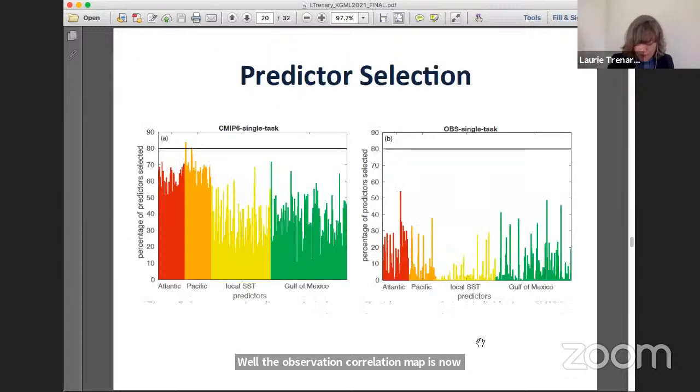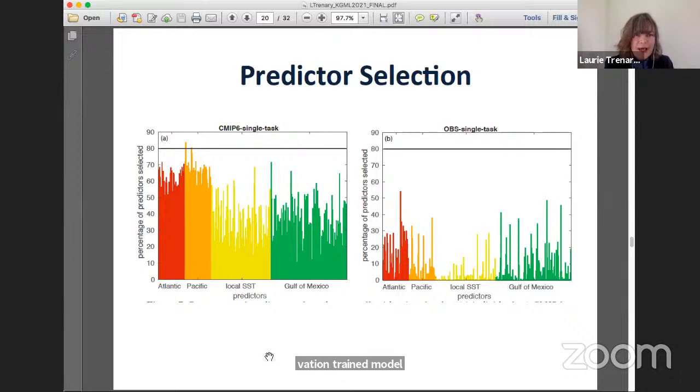So one of our questions was to try to get at what the processes are that are contributing to this predictability. And one way you might infer that is by looking at the relative frequency with which the predictors are selected by Lasso. This figure at left shows the relative frequency that each one of our predictors is selected for the CMIP6 trained model, and at right for the observation trained model.